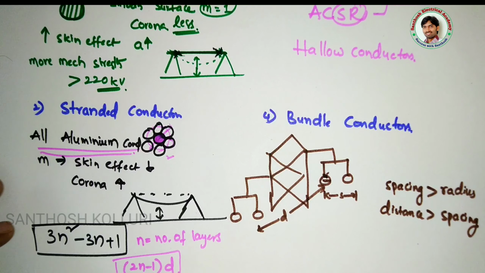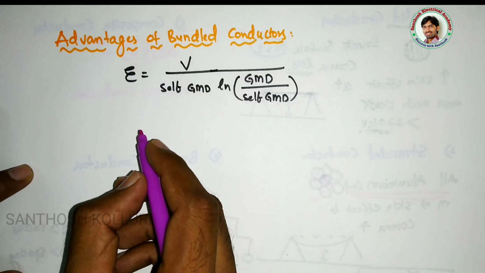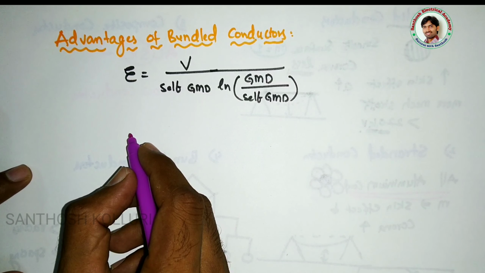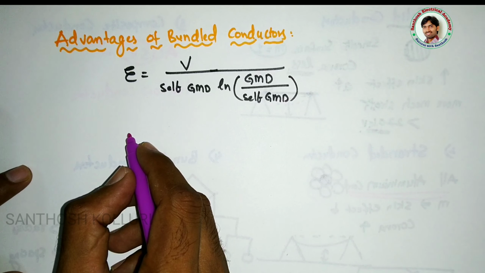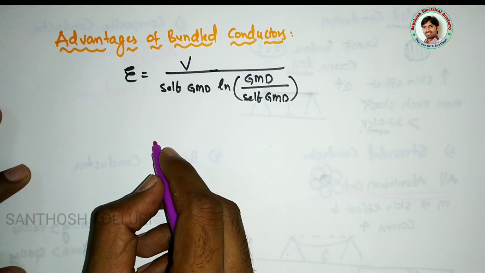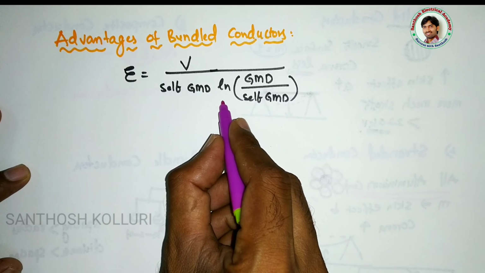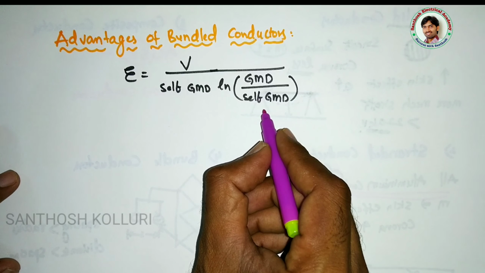Okay, and there are another advantages of using bundle conductors. Now, advantages of bundle conductors. We know that the electric field, we know that the stress on conductor, we know that E is equal to V by self GMD log GMD by self GMD.